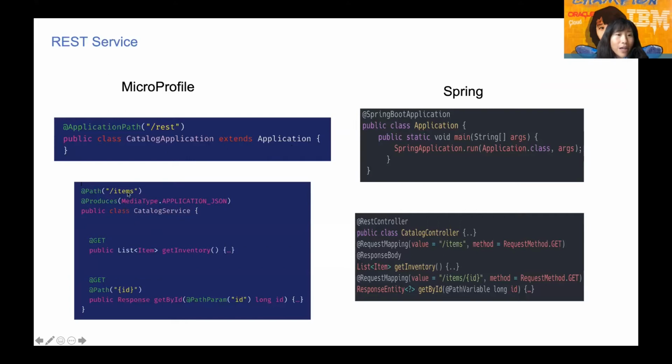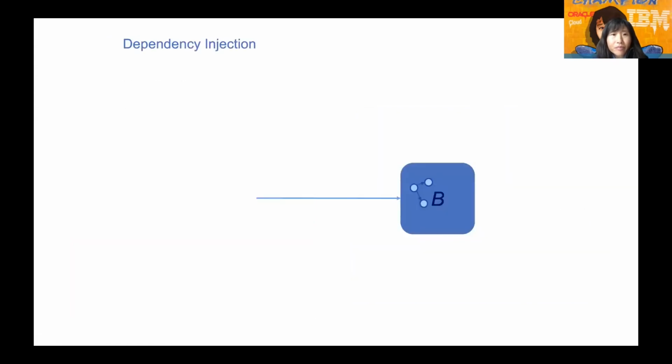So you do @Path, @Produces, this is the format, and then you can annotate @GET, @PUT, etc. In Spring, you use the Spring Boot application, and also you have a REST controller, and then you can specify the endpoint, etc. So this is very comparable.